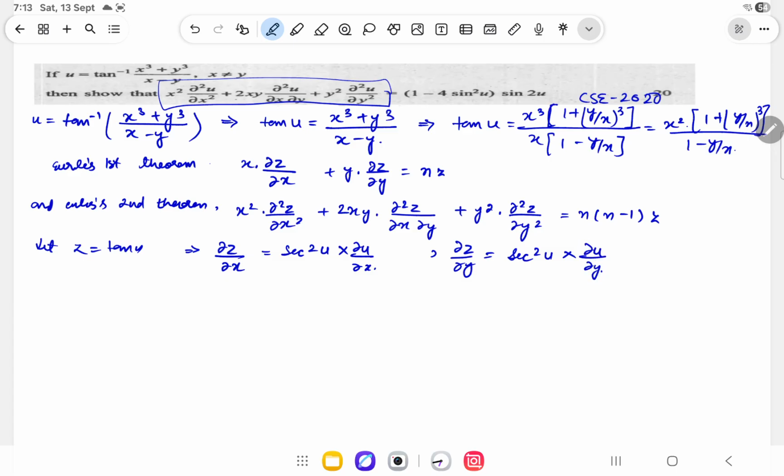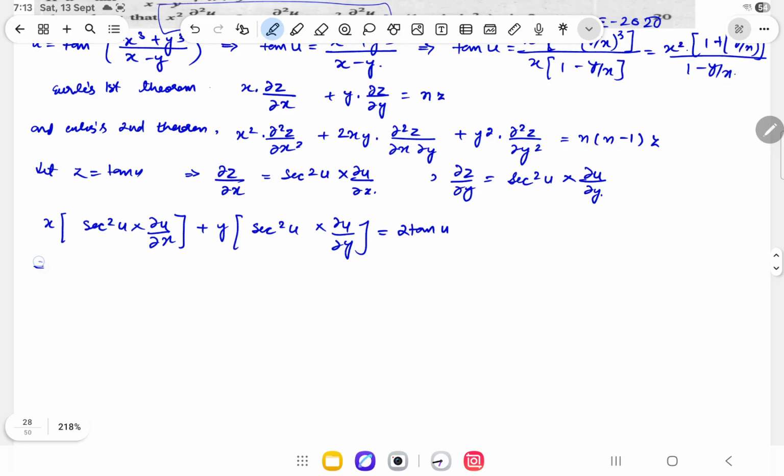So let's put these values in Euler's first theorem and see what we get. We'll get x into sec square u into del u by del x plus y into sec square u into del u by del y is equal to n, that is 2, and z, that is tan u.